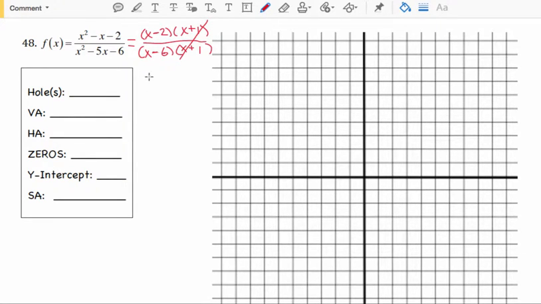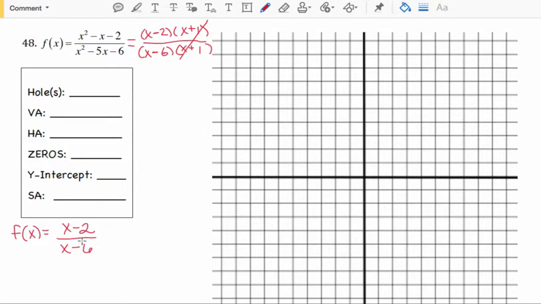And my new modified function, I'm going to write it down at the bottom. My new modified function that I'll be working off of is going to be x minus 2 over x minus 6. And you can use that for every single part of the rest of the problem if you want to, even though when I find the y-intercept, usually I just look off the original.